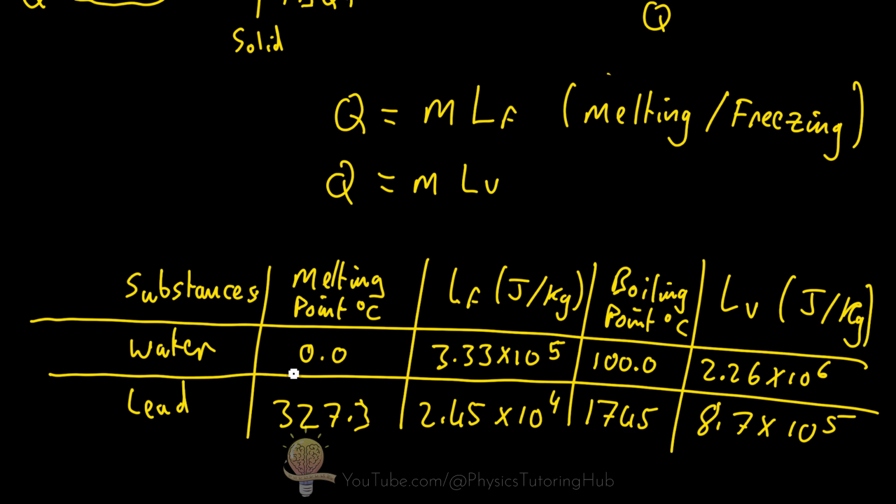To transition ice to liquid at its melting point, we need over 300,000 joules of heat energy per kilogram before the water will start to raise its temperature. But lead requires less heat energy for this phase transition.